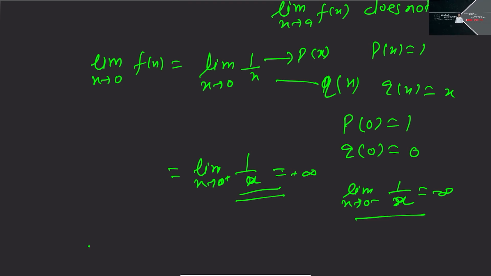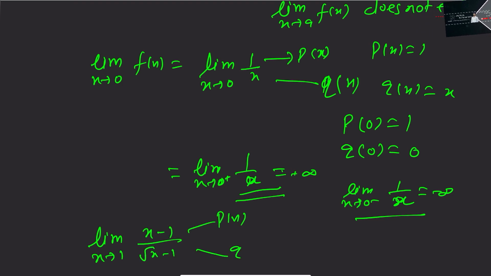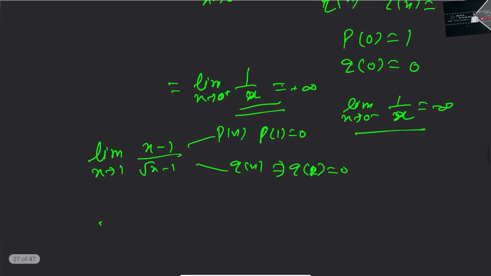So now if you consider another example, limit x goes to 1, x minus 1 over root x minus 1. In this case we have p of x and q of x. Here q of 1 equal to 0, and here also p of 1 equal to 0. There are two methods to find it.